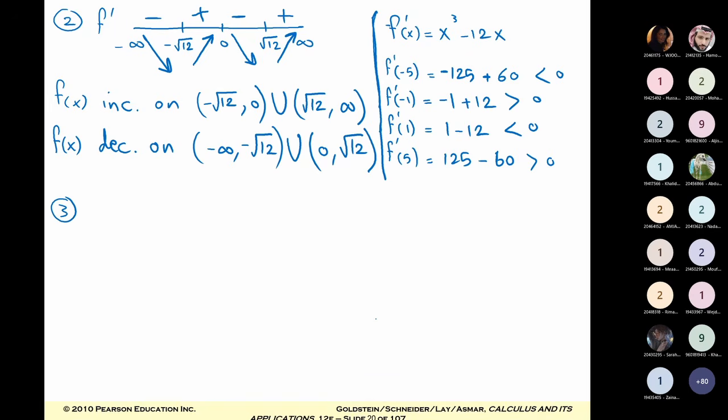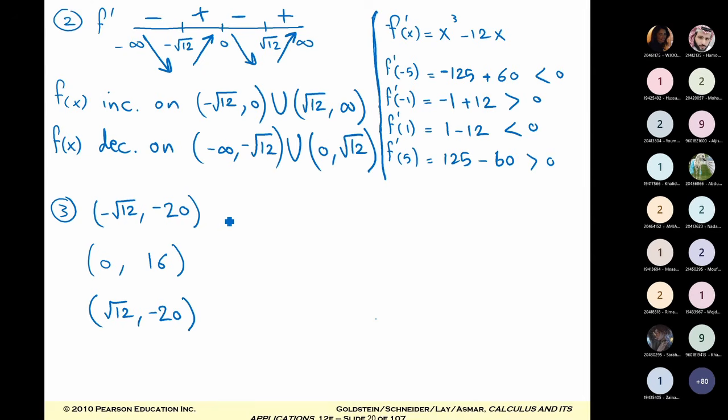Number 3, we need to find the maximum and minimum. We have how many points? 3 points. The first one, negative radical 12 and negative 20. Also 0 and 16, and radical 12 and negative 20.